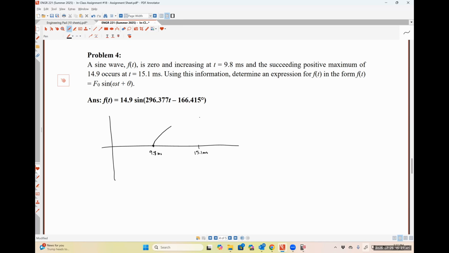So we have something like this. And over here, this represents 14.9. I'm going to ask you guys a couple of questions here really quickly. Since 14.9 is the maximum, what is the magnitude of our signal?